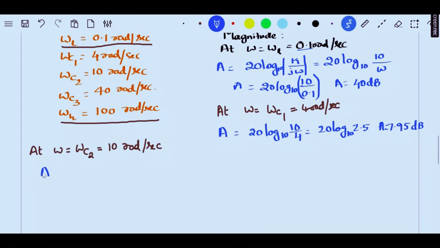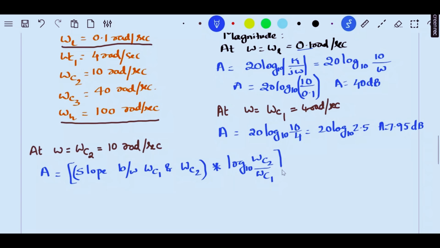So the magnitude will be calculated as A equals the slope between the corner frequencies omega C1 and omega C2, multiplied by log of omega C2 divided by omega C1 to the base 10, whole thing added with the magnitude that we calculated at omega C1.